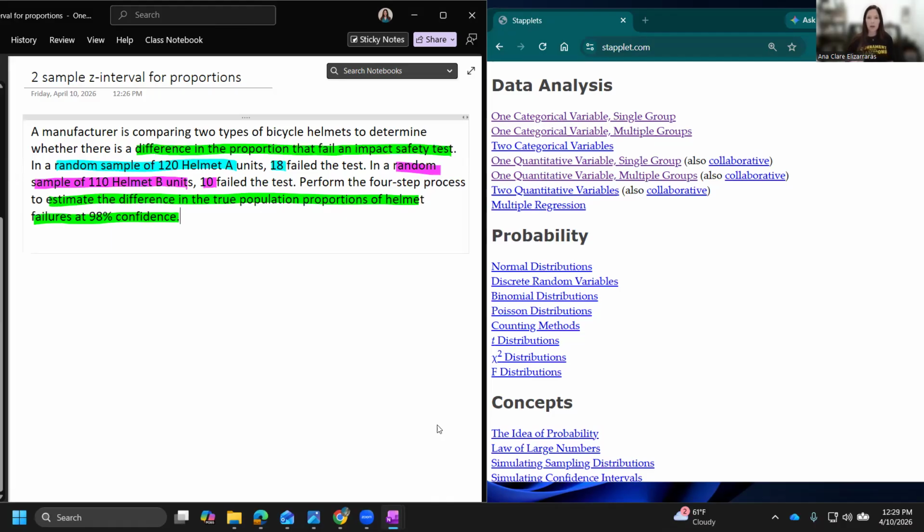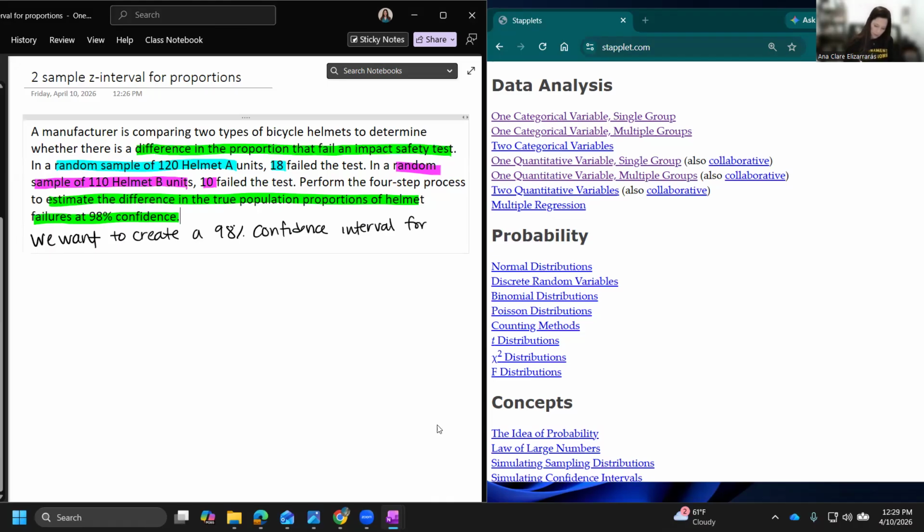So we're going to start out with our confidence interval statement of what we're doing. So we want to create a 98% confidence interval for, well, what are we talking about? We're talking about proportions here.